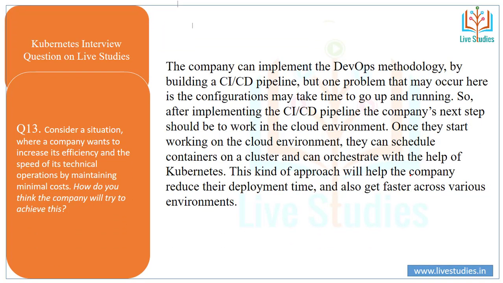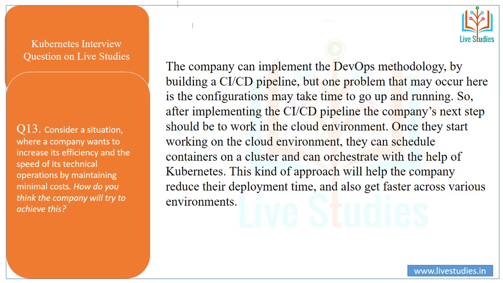Another scenario-based question. Consider a situation where a company wants to increase its efficiency and the speed of its technical operations while maintaining minimal cost. How do you think the company will achieve this? The company can implement the DevOps methodology by building a CI/CD pipeline, but one problem that may occur is that the configuration may take time to get up and running.